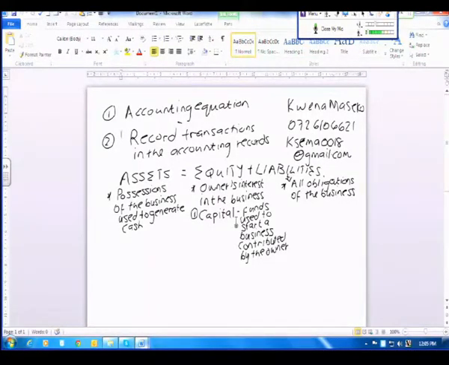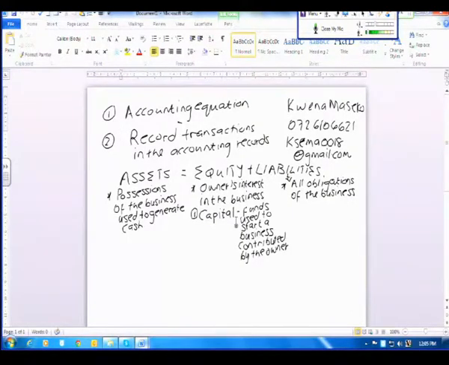The owner will get capital. Say the company is going to need 500,000 to start. So the owner must actually source that capital. If he has 500,000 and he's going to use it to start or expand his business, we're going to call that capital. But sometimes the owner does not have all the money to start a business.